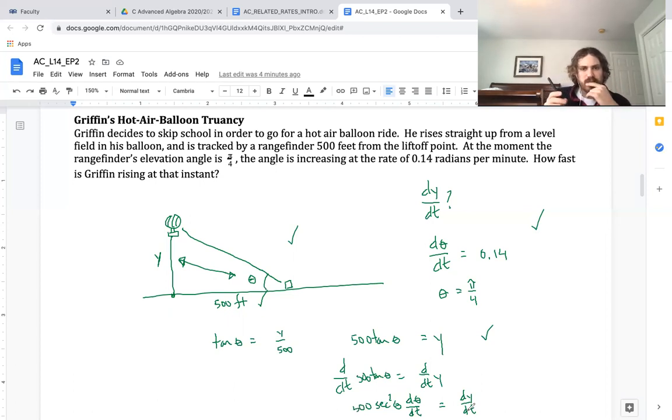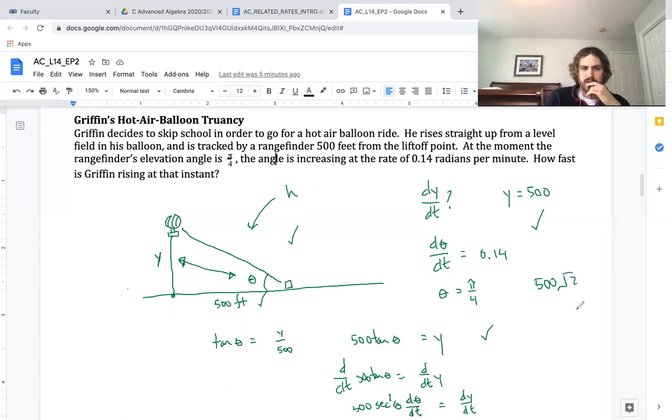Now, let's see if we can plug in theta and think about what secant would be. Remember, secant is 1 over cosine. So if this is 500 feet and this is pi-4ths, this is also going to have to be 500 feet, right? Because it's a pi-4ths triangle. And so that means the hypotenuse, let's just call it h for the sake of it, is going to have to be 500 root 2.